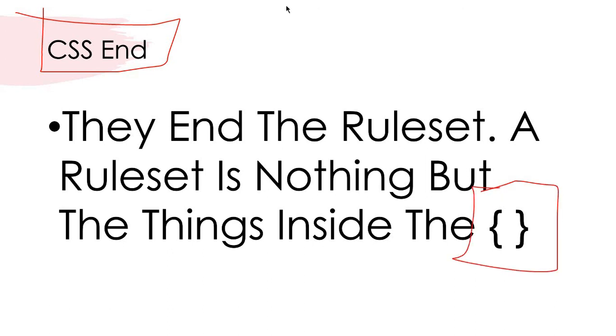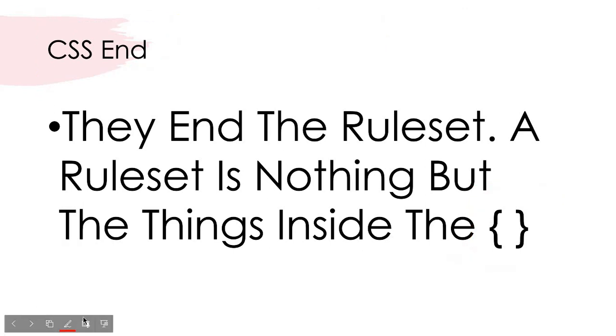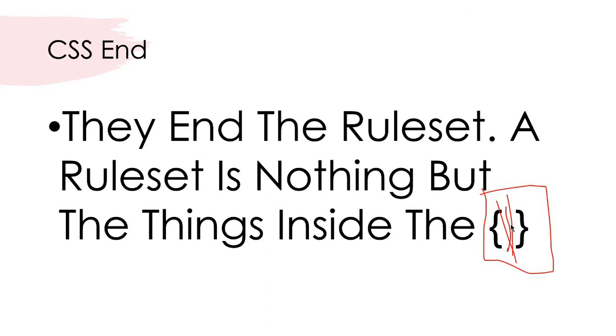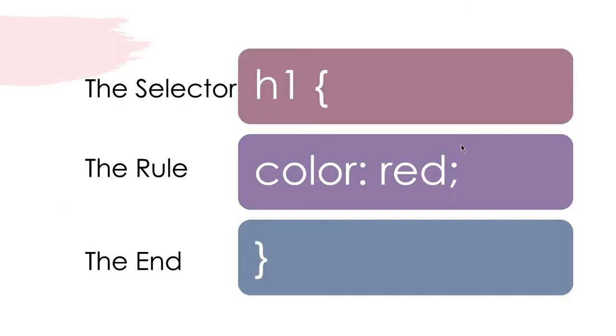Anything inside the two curly braces is going to be called a rule set, right? So what I mean is that this starts the rule set, this ends the rule set, and this is in the rule set.